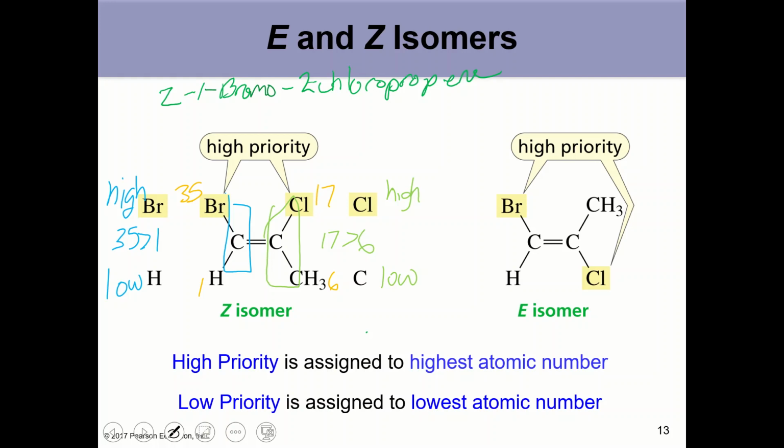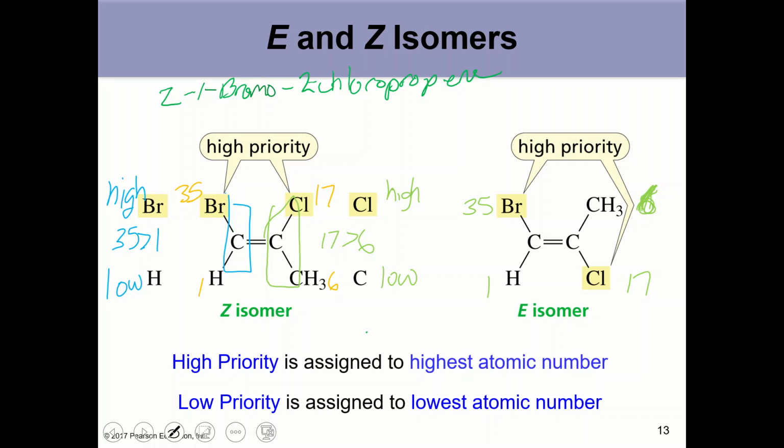We call this Z. On the isomer to the left, the high priority group bromine is on top, and the high priority group chlorine on the other vinyl carbon is below. Thus, the molecule on the right is the E isomer.